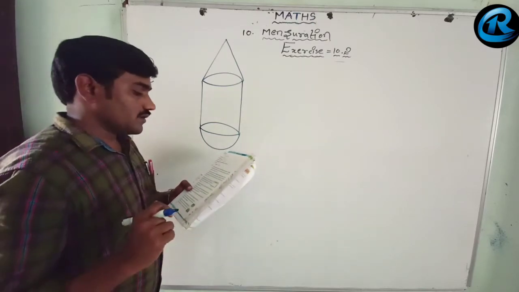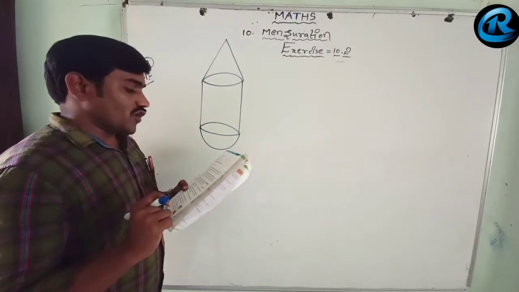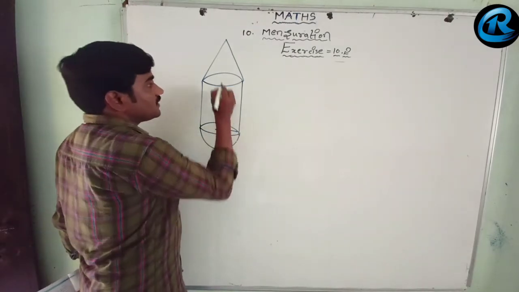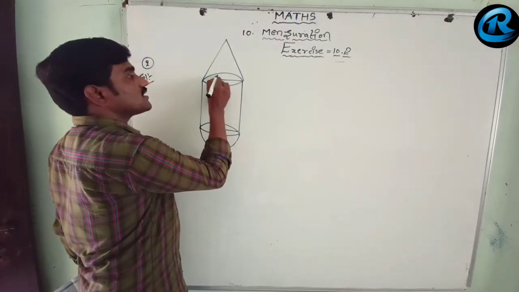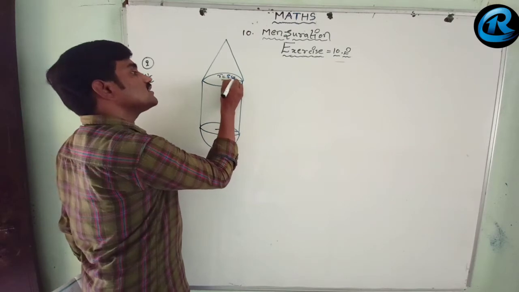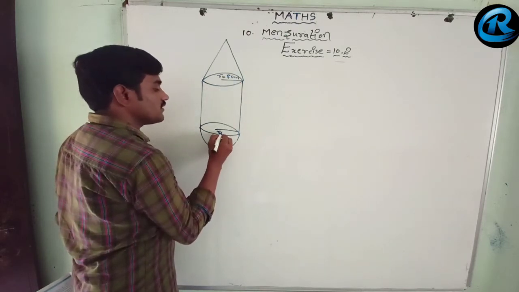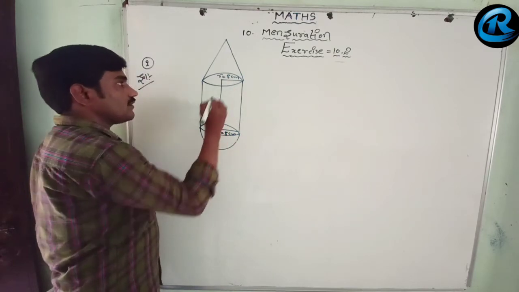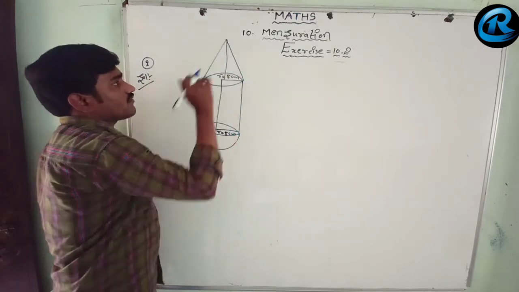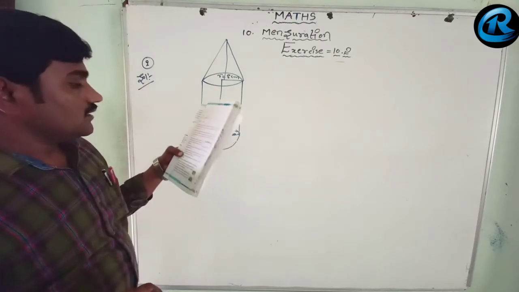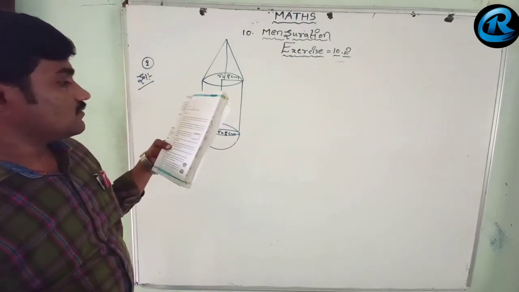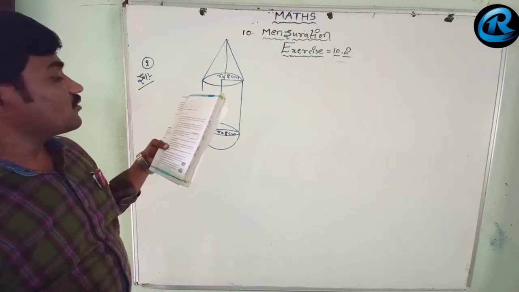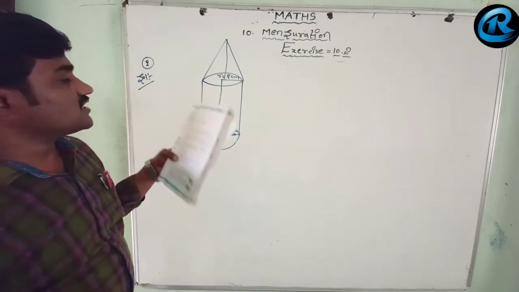Let us see. The radius of the common base is 8 centimeter. The radius of this common base, r equal to 8 centimeter. And the heights of the cylindrical and conical portions are 10 centimeter and 6 centimeter.